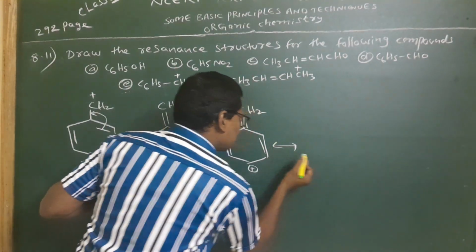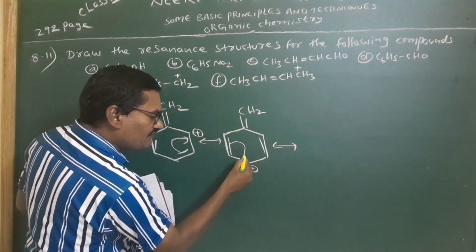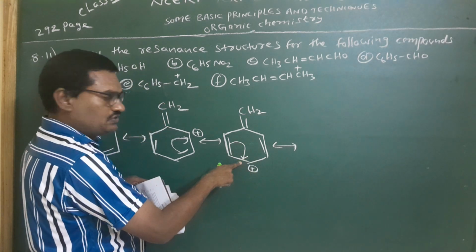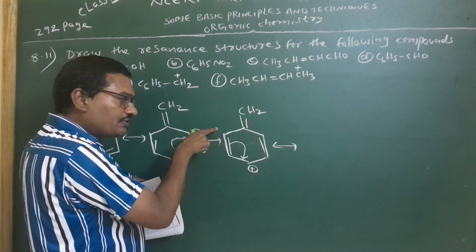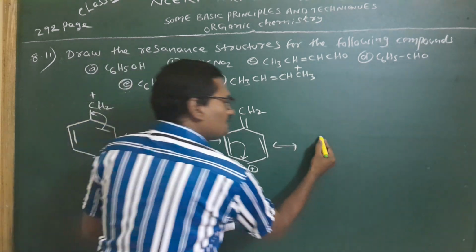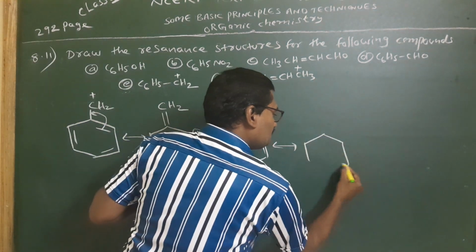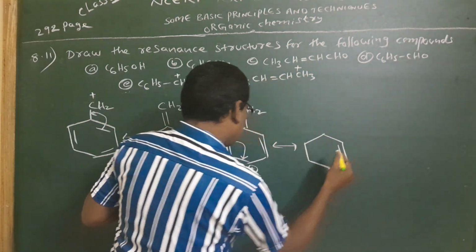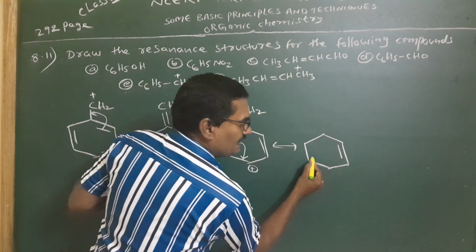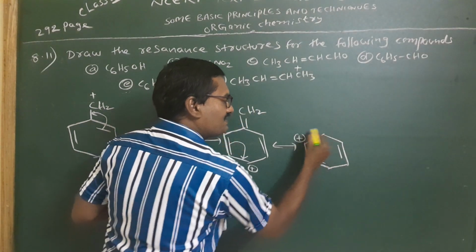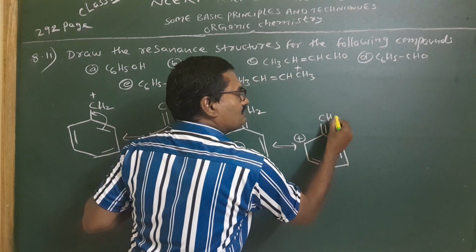Next, fourth structure. So this pi bond converted to this place. So then this pi bond converted, so shift into this place. So double bond. Next one, here bond in this place, plus, here CH2.